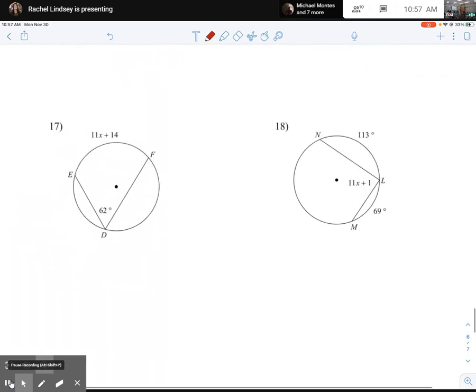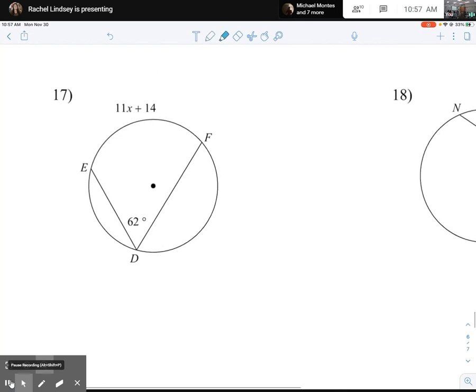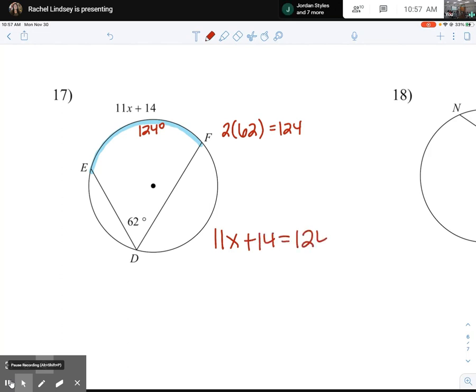Number 17. We need to know the measure of arc EF. So what am I going to do with that 62? Multiply it by 2 or divide it by 2? Multiply it. So what's 2 times 62? 124. So this arc is 124 degrees. So I'm going to set 11x plus 14 equal to 124.